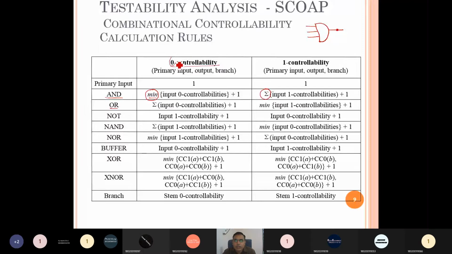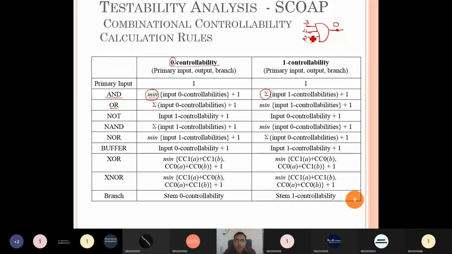We can set the output to 0 by keeping any one of the inputs of the AND gate at 0. Suppose the inputs have zero controllability values of 3, 4 and 2. Using the lowest controllability value, we can set the output of this AND gate to 0 by setting that input to 0.